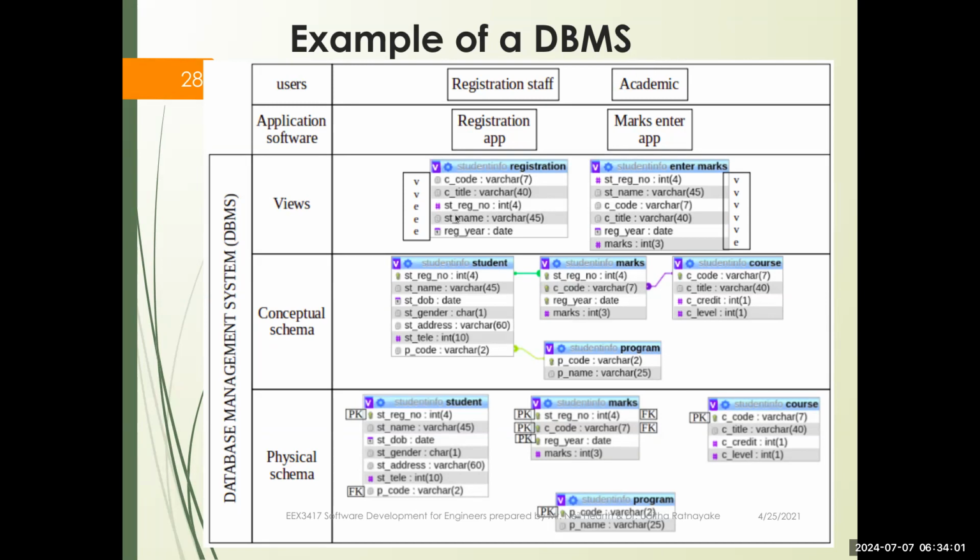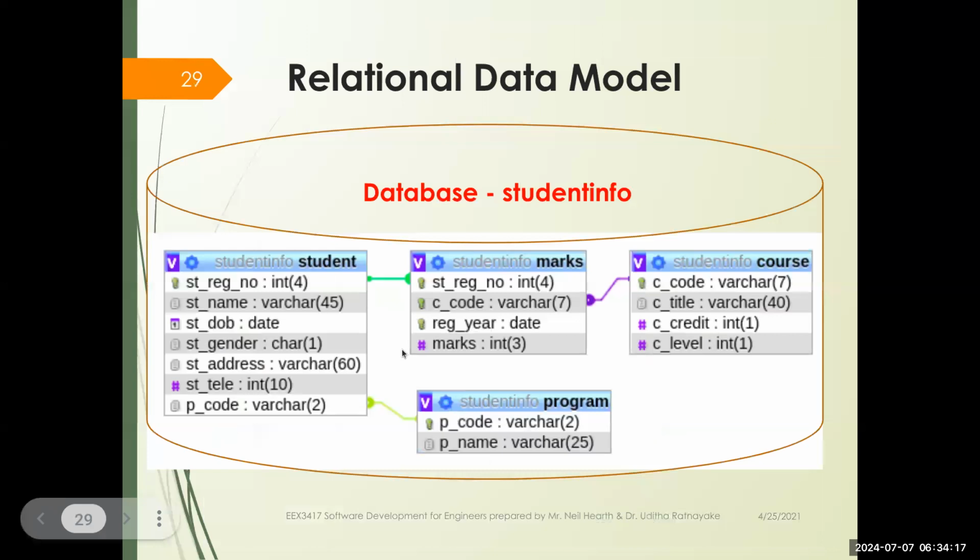Okay, now all these things are available in a database management system, with application software and users. Relational data model. As I told you earlier, the student, marks, course, program are all related.